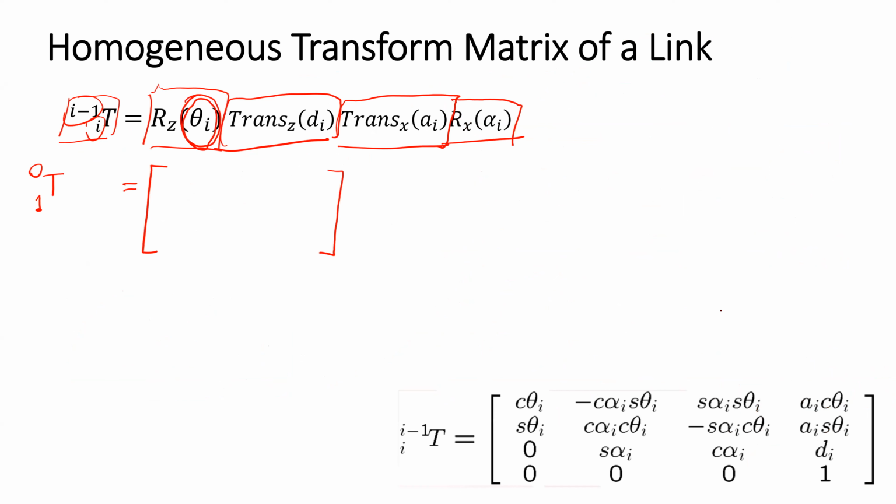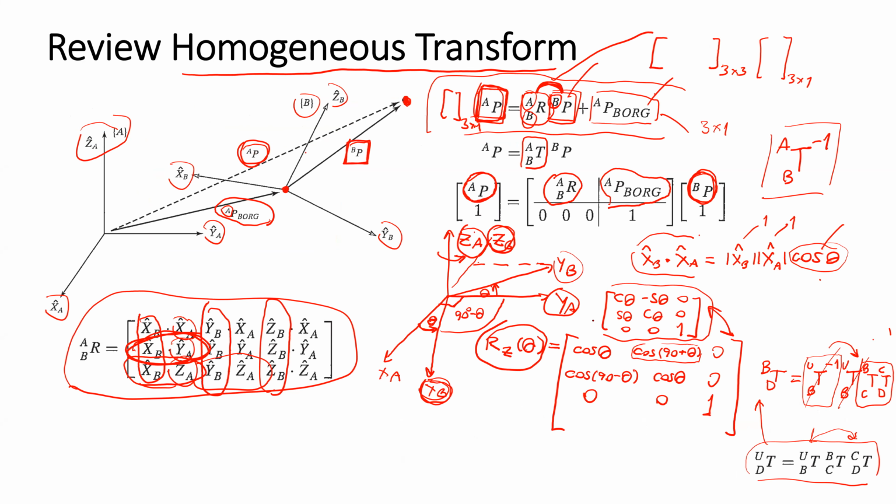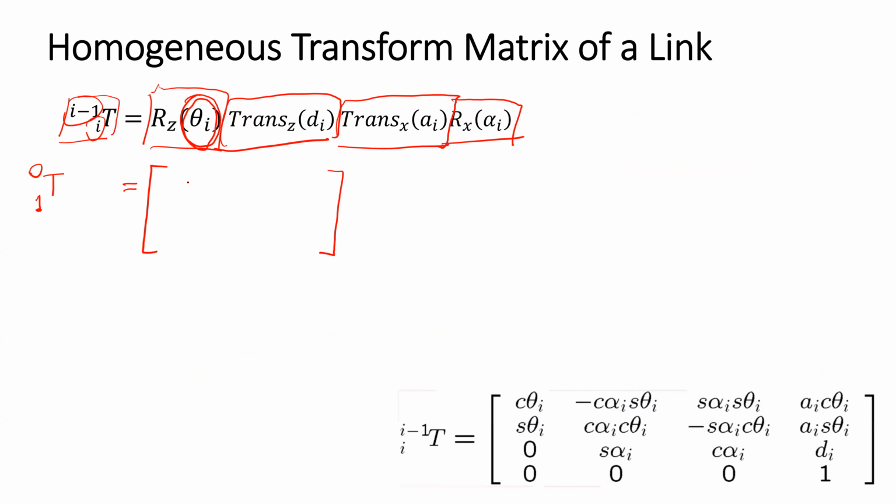The rotational matrix when we rotate about the z-axis with the angle theta will be cosine theta, minus sine theta, sine theta, cosine theta, 0, 0, 1, 0, 0. This is the rotational matrix.